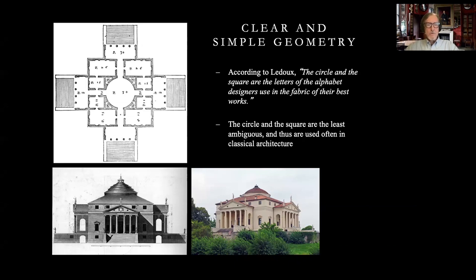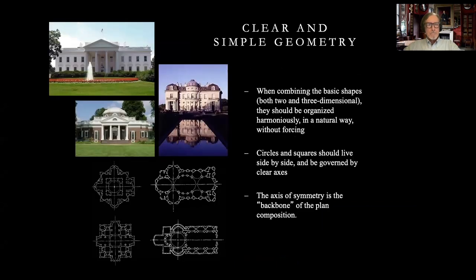The circle and the square are the least ambiguous shapes, and thus are often used in classical architecture. When combining these basic shapes, both 2- and 3-dimensional, they should be organized harmoniously in a natural way without forcing. Circles and squares should live side by side and be governed by clear axes.